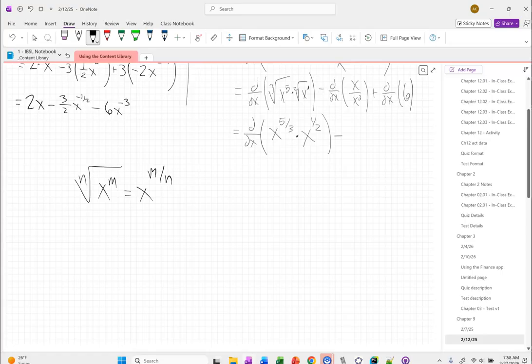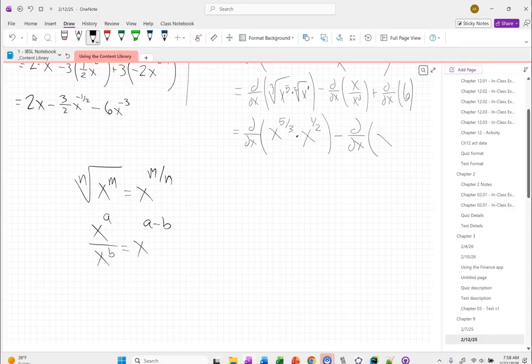What about the division? How do I divide these? Right, our rule for exponents is if I have a quotient of two exponentials, I can subtract their exponents. Okay.